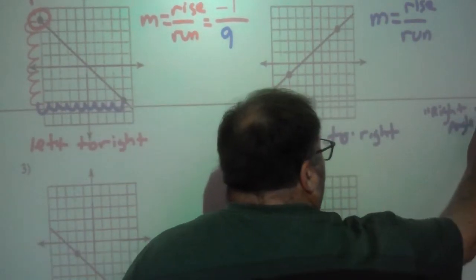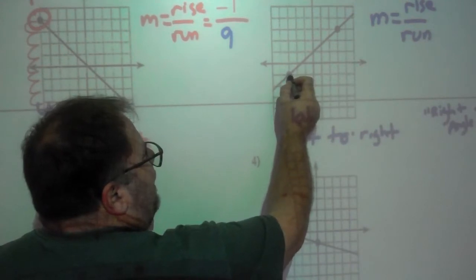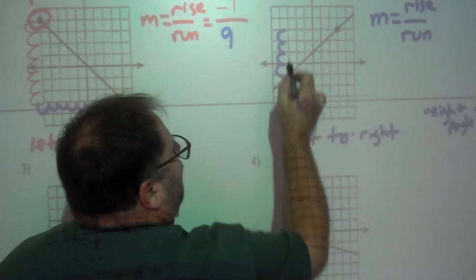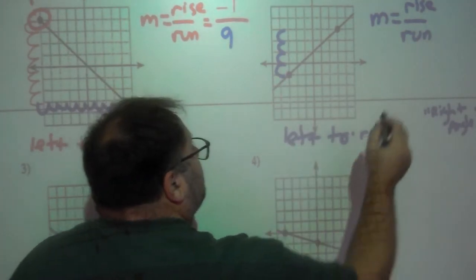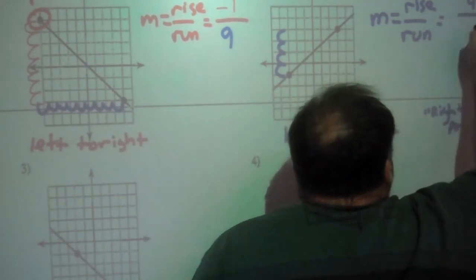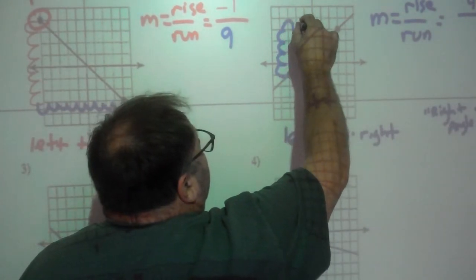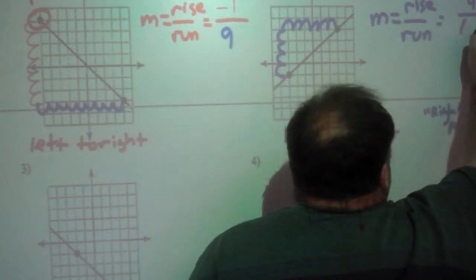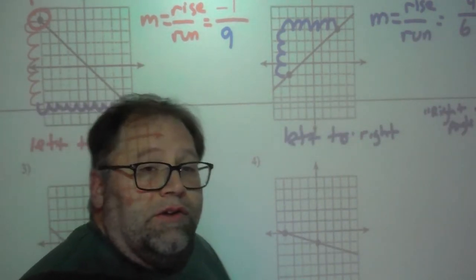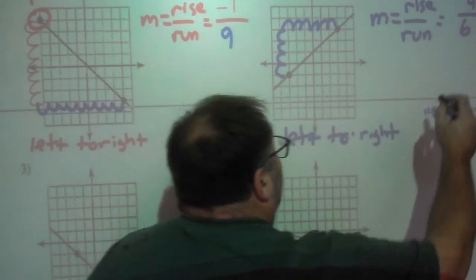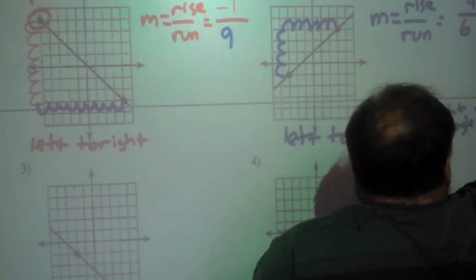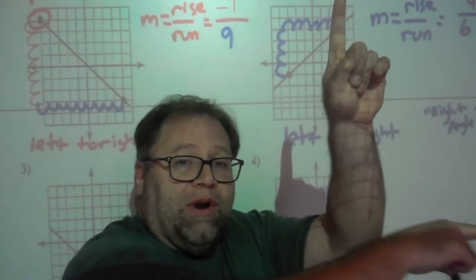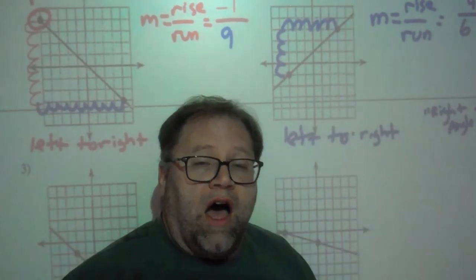So I'm starting on the left, and I'm going to go 1, 2, 3, 4. Then 1, 2, 3, 4, 5, 6. There's my example right there. Slope is not 4/6. Slope is 2/3. Up 2, right 3. Up 2, right 3. Up 2, right 3. On forever.